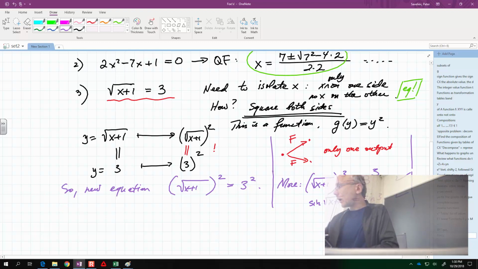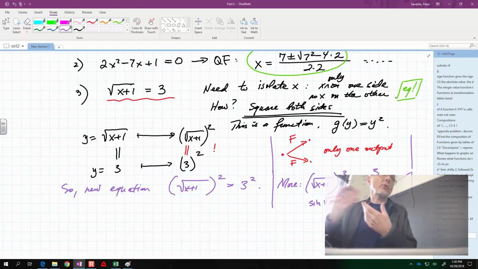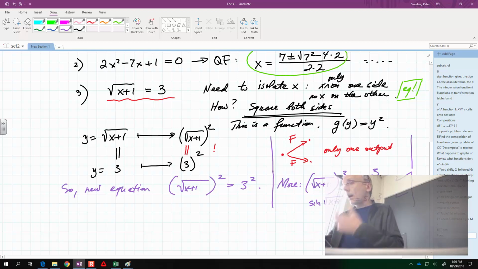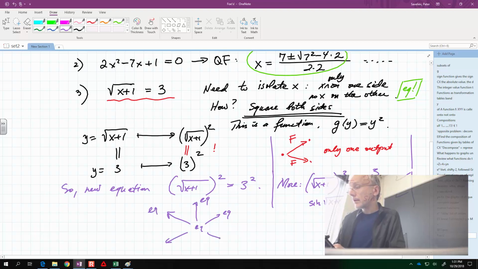So applying a function to an equation. That's what I'm trying to say. Applying a function to an equation produces a new equation, period. Your goal is to simplify that new equation. And then you can produce many new equations like this. So that's the challenge.